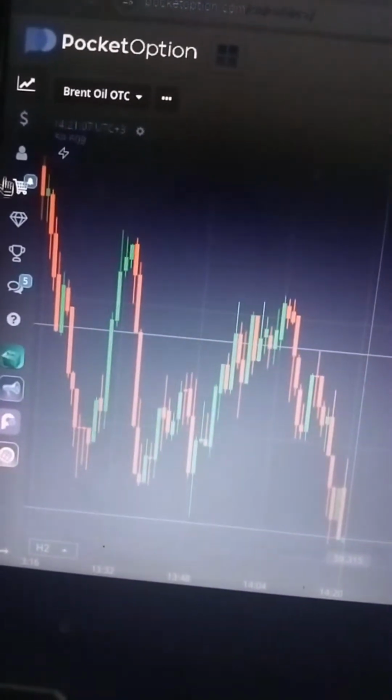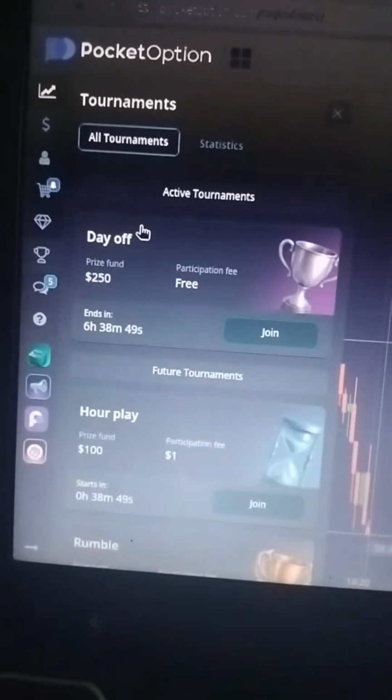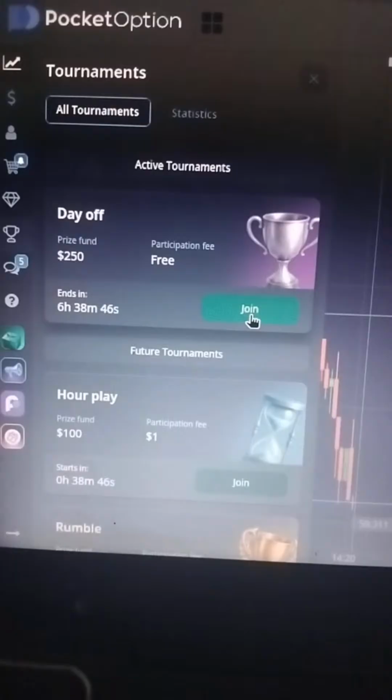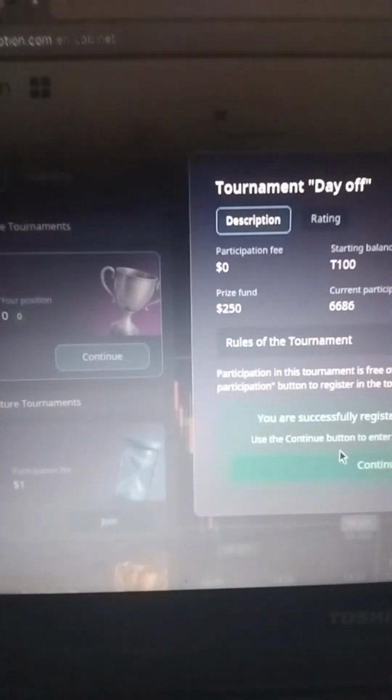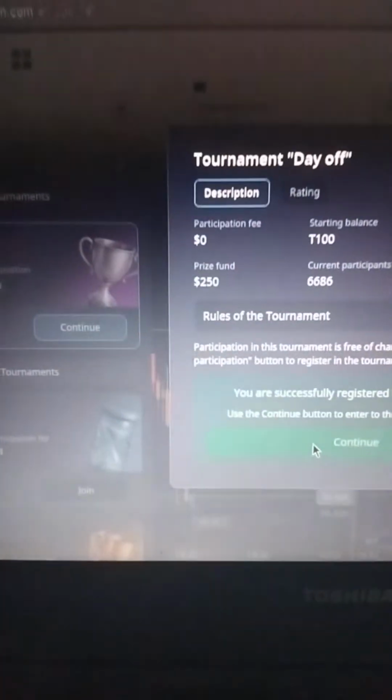Okay, so first let us go to the tournaments tab, because that is where we will be using for trading today.